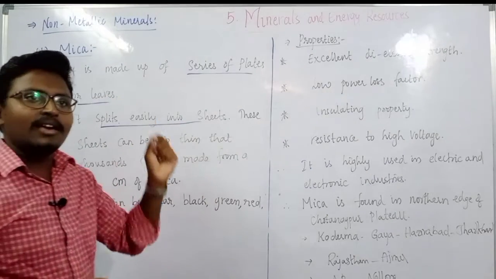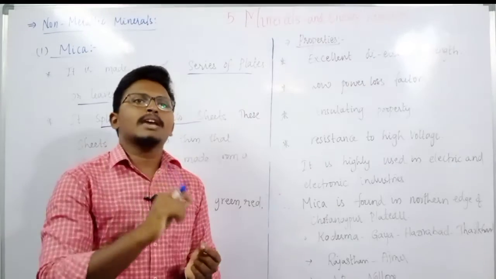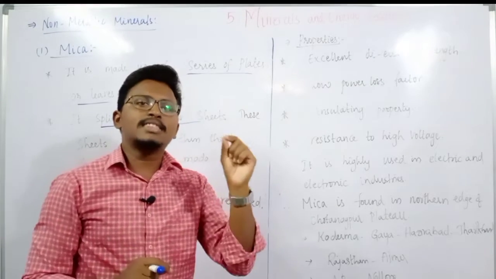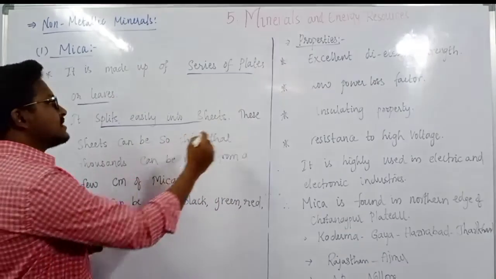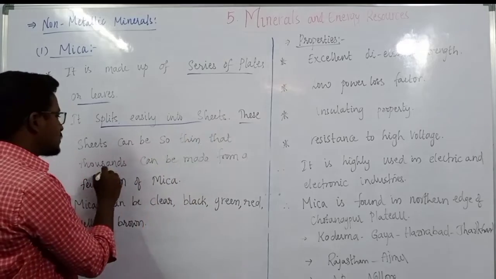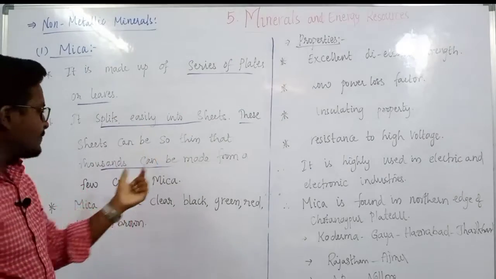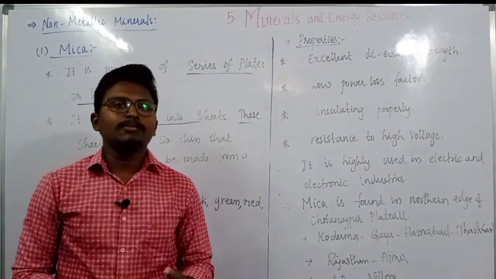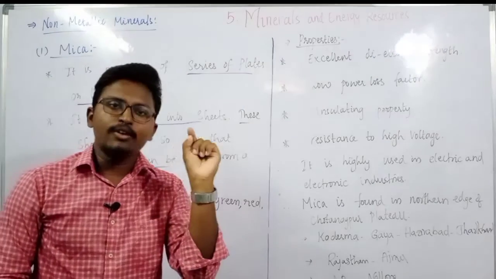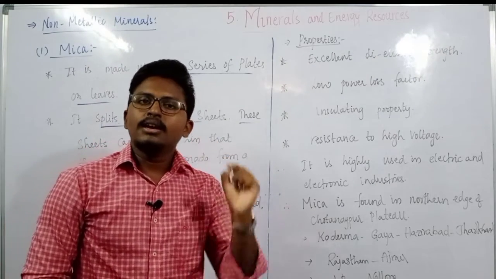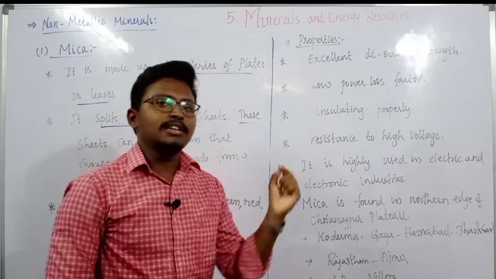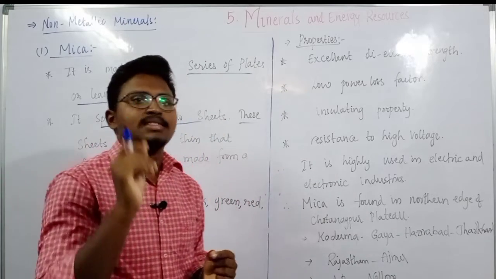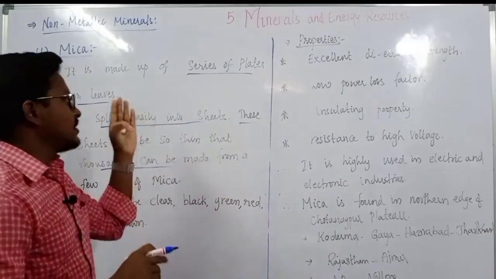That means mica can be converted into very thin sheets, and these sheets can be so thin that thousands can be made from a few centimeters of mica. So you can imagine how thin the sheets we can make from mica are.